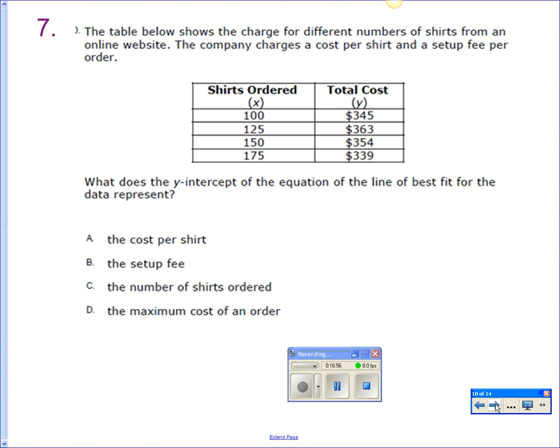Ethan G., tell me something to circle. Y-intercept. Guys, are there numbers for the answer? No. So is there any point in even putting that in stat? No. I mean, you can, but there's no point. All right. So there's no numbers.